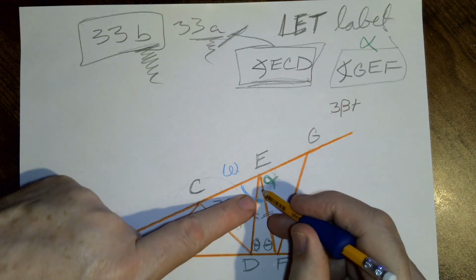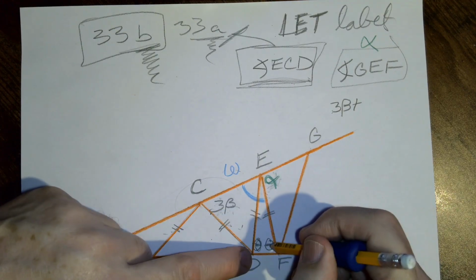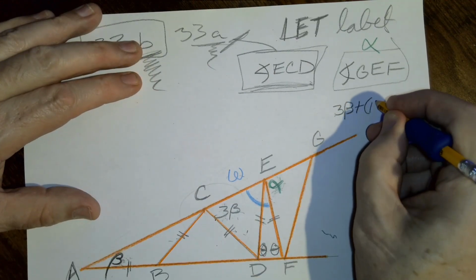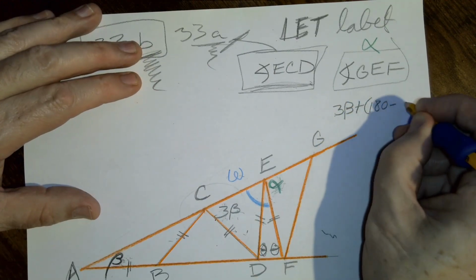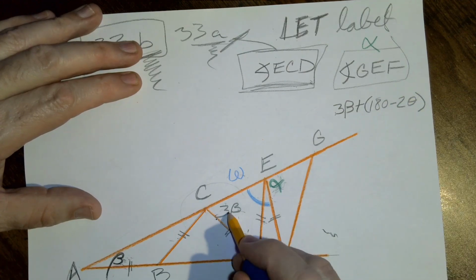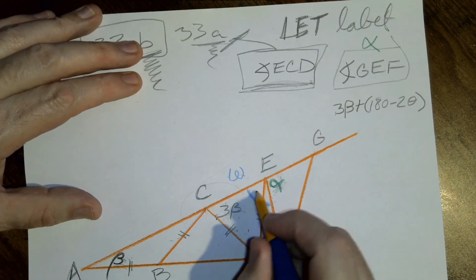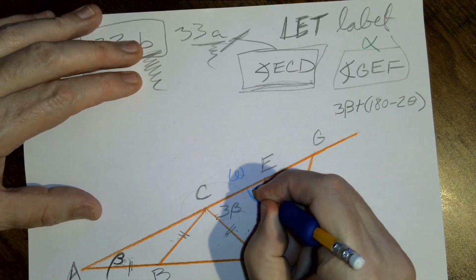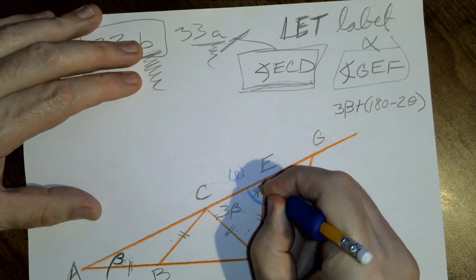Well, this angle is 180 minus 2 theta. Plus 180 minus 2 theta. 3 beta, because this is an isosceles triangle as well, so this here is 3 beta inside there.